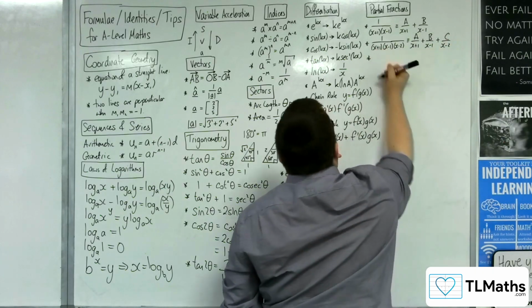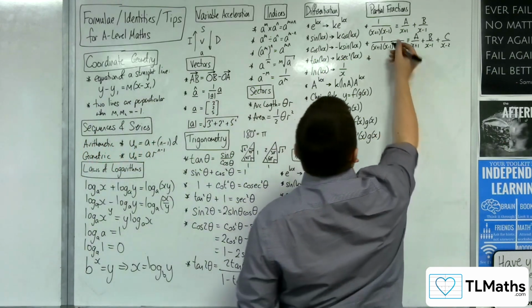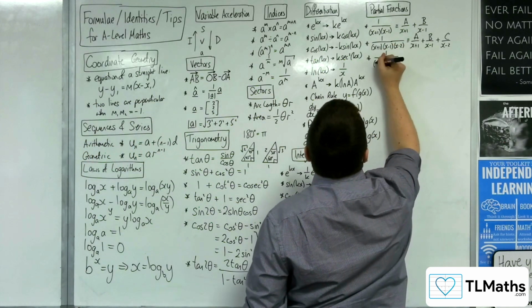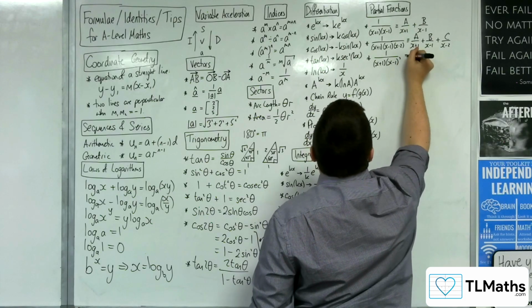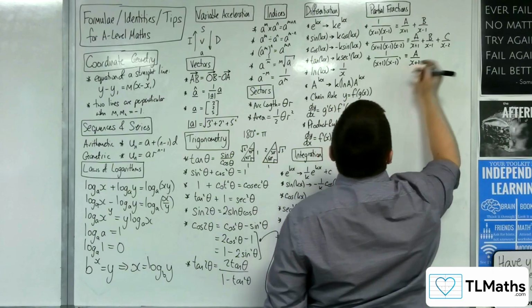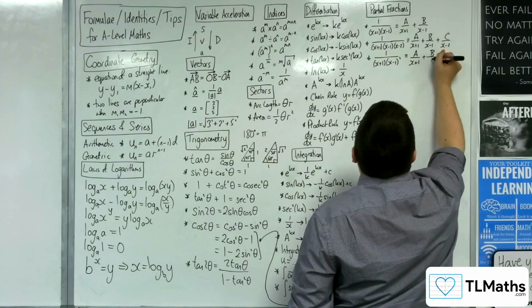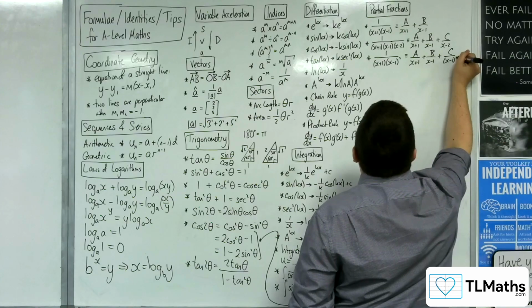This is the one where people start to get a little unsure of themselves. If you've got 1 over x plus 1 times x minus 1 squared, you'll have the a over x plus 1, that stays the same, but you're going to need a b over x minus 1 and a c over x minus 1 squared.